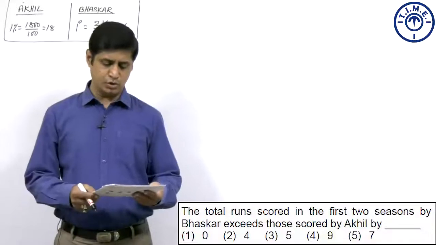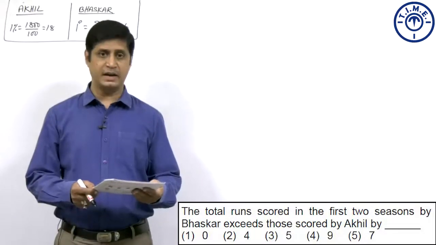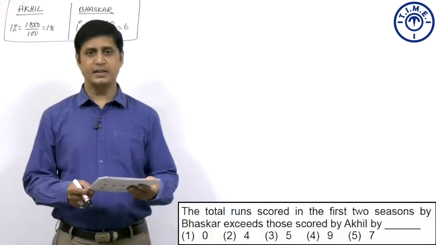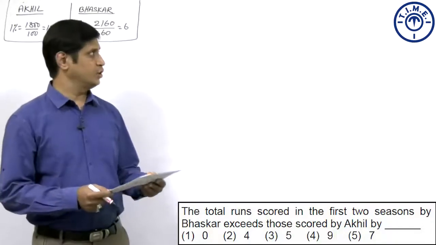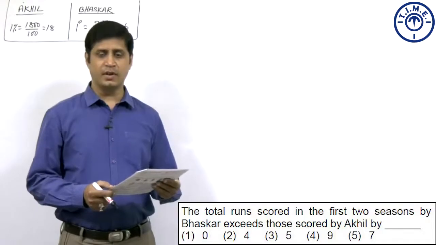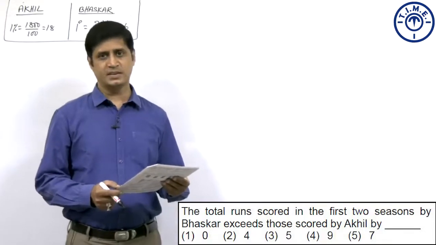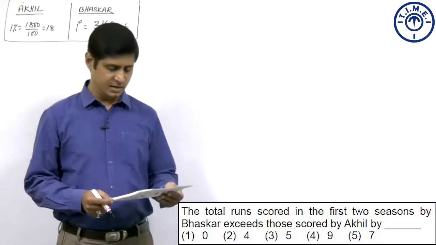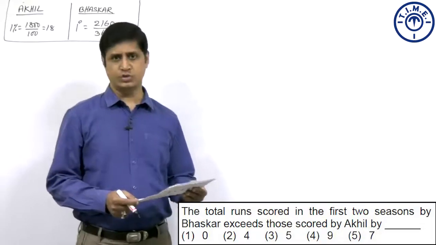The total runs scored in the first 2 seasons by Bhaskar exceeds those scored by Akhil by. Now, we need to observe how much more the runs scored by Bhaskar are than the runs scored by Akhil in the first 2 seasons.